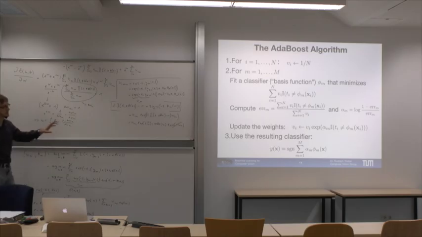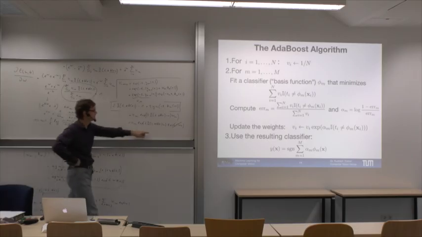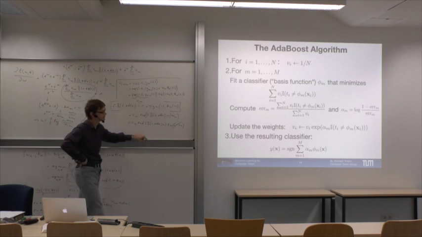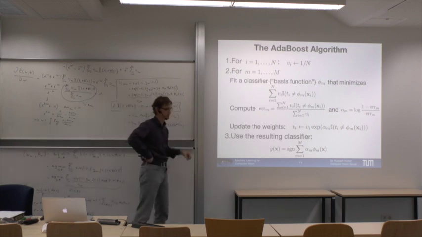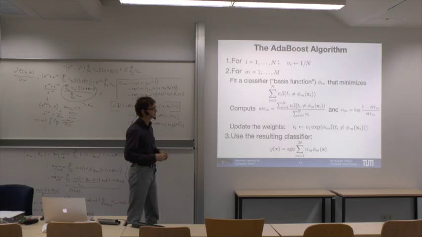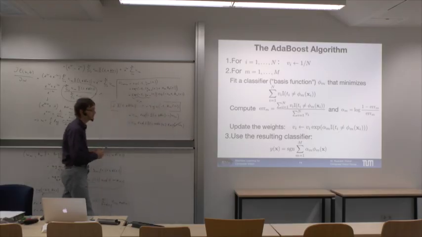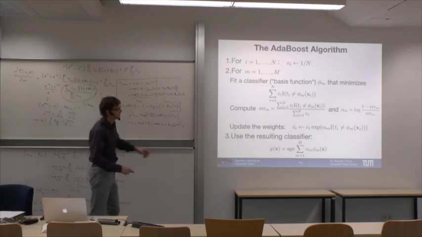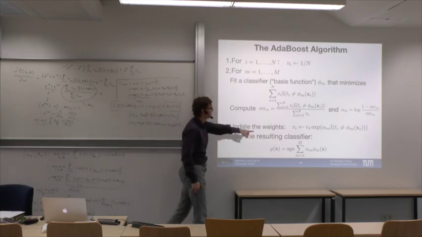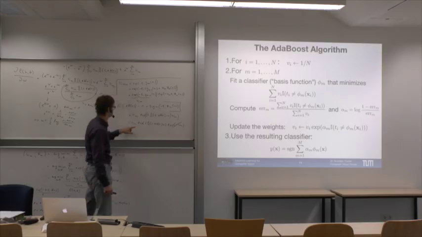Alpha m is just more convenient because when I plug this in later, I don't need to do this 2 times anymore, right? This 2 then goes away. That is just the reason why I introduced another symbol here, alpha. So I compute alpha m, and then once I have alpha m, I compute the new weights.